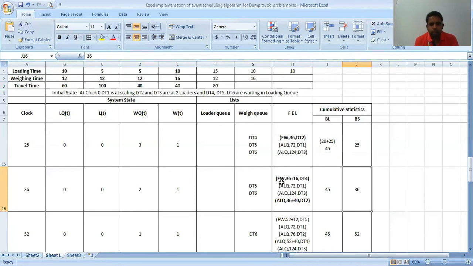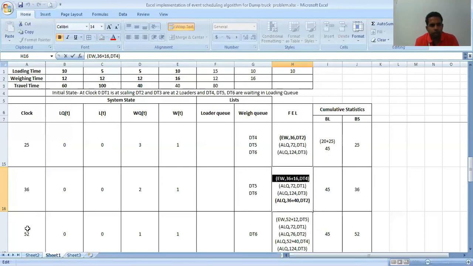Next imminent event, if you see in the chronological order, the DT4's weighing will be ending at 52 minutes. Therefore, taking out this notice of DT4, which was included newly, this is another situation where the new notice is included. That notice is only going to be removed as per its chronological order; it is the first imminent event to occur.